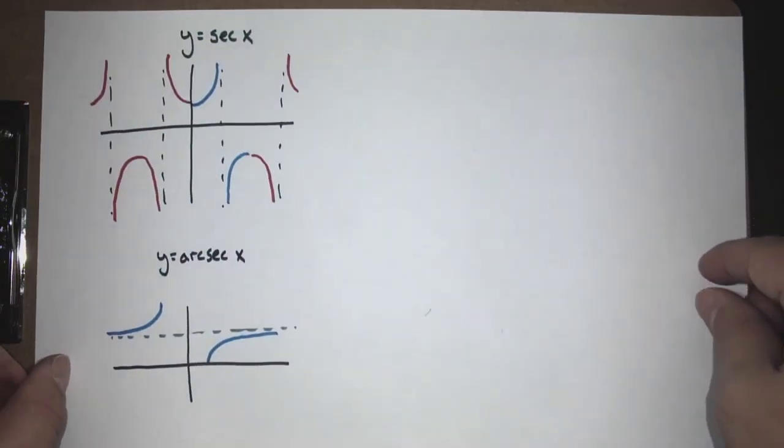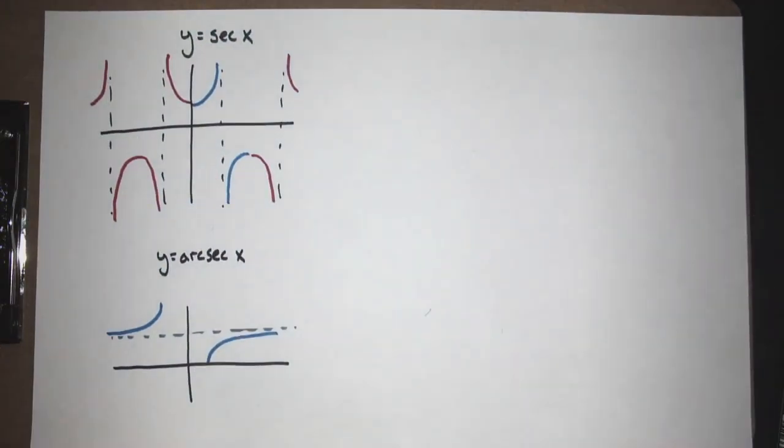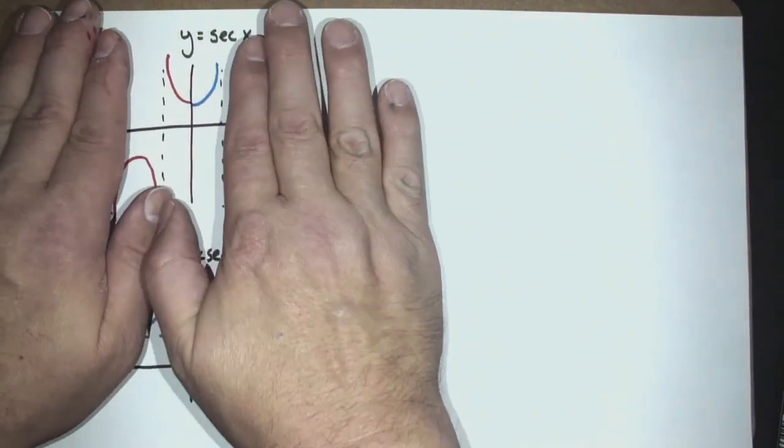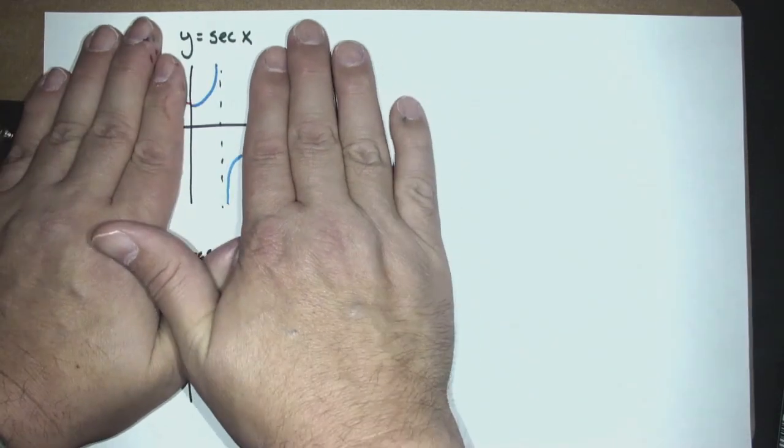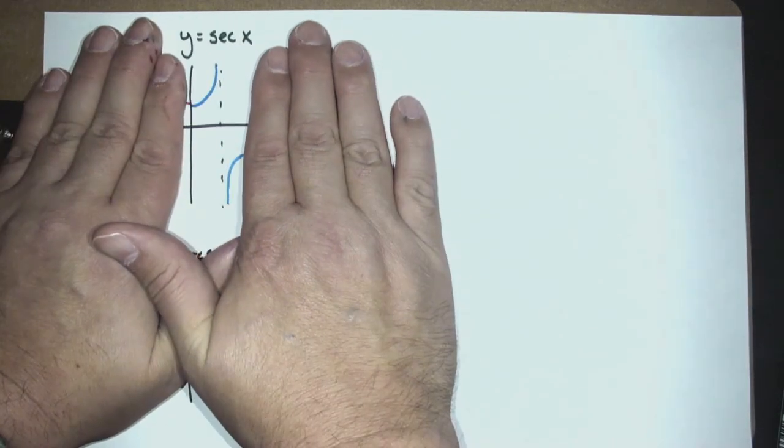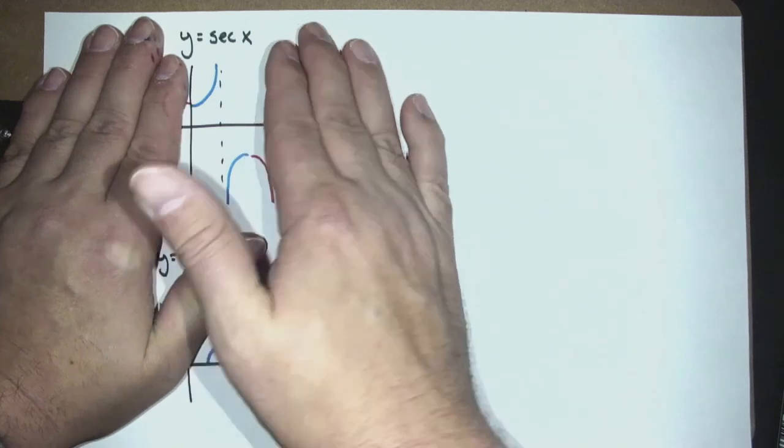Arcsecant. Good. Someone looked at the handout. Okay, so you have arcsecant, and now again we have the issue. It doesn't pass that horizontal line test. So we can't do just a piece like that. We're going to sort of do a half and half. So that's the part of secant that we're going to grab.